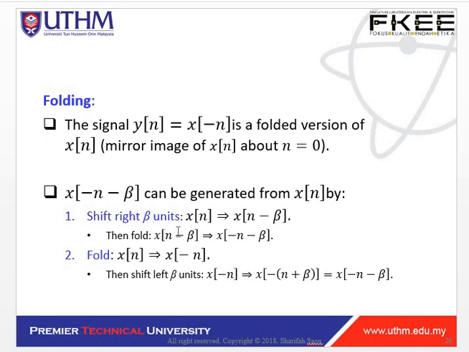Just now it's negative n negative beta. After you have done the folding, followed by shifting, this shifting you must factorize. So now in the bracket is n plus beta. If you multiply by the negative, you will get negative n negative beta, right? So the shifting here is not n minus beta, it is n plus beta.